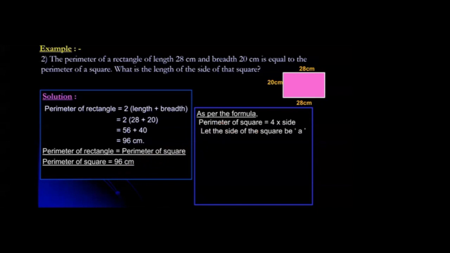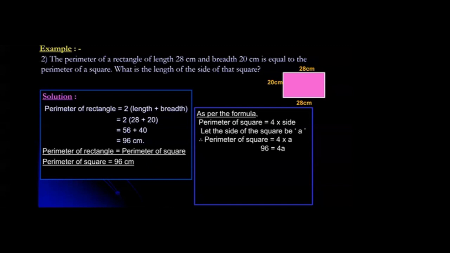So let the side of a square be a, as it is not given, and the perimeter of square is 96. Perimeter of square is equal to 4 into a as per the formula, and perimeter of square just now we got, it is 96 centimeter. So 96 equals 4a. As per the algebraic expressions that we have learned, when multiplication is there, we are going to divide with the same number which is there with the variable.